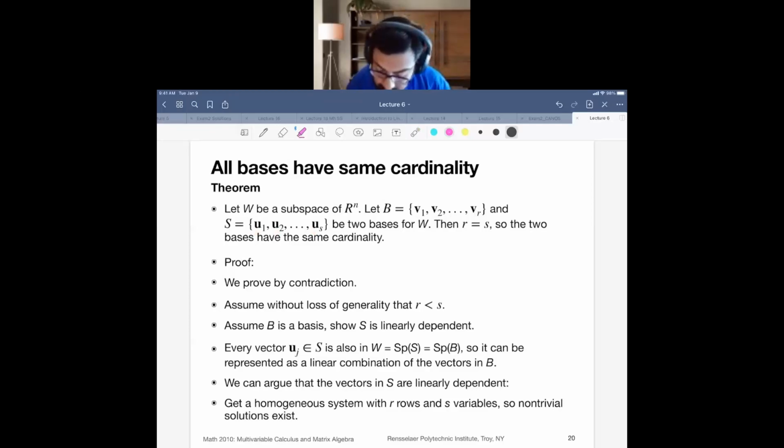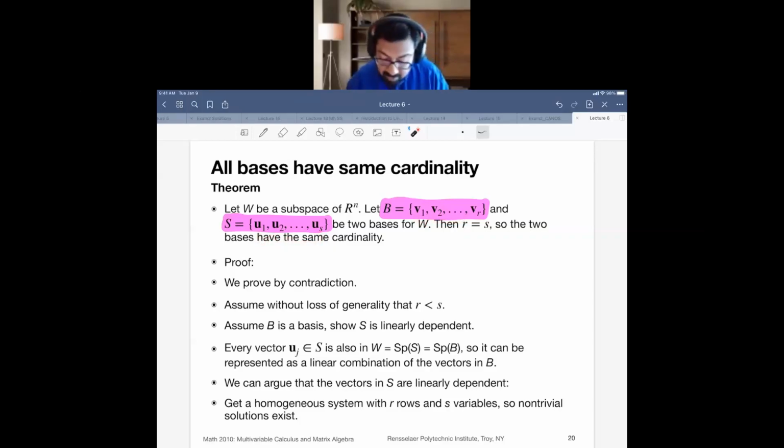And let us assume, since we want to prove this by contradiction, that there are two bases of different lengths, different cardinalities. One has a cardinality of r, the other one has a cardinality of s. They are different. There are two bases. So when there are two bases, if you are defining them as bases, then I know that all the v's have to be linearly independent, and all the u's have to be linearly independent as well.